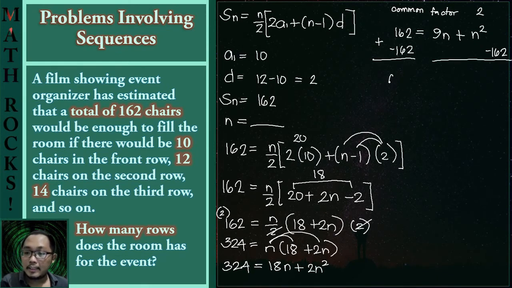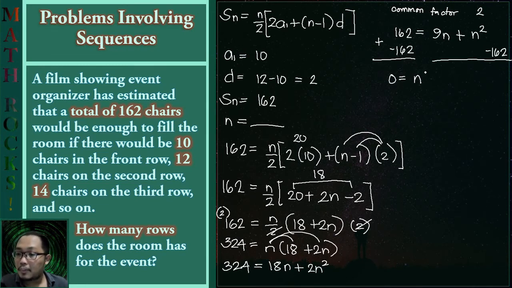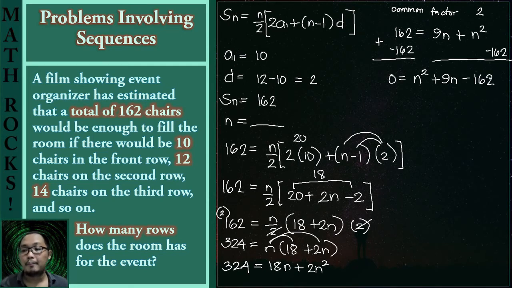So this gives us a 0, while if we would like to write the resulting quadratic equation in the correct order, then we have to start with the quadratic term, which is the n squared. Since we cannot combine any similar terms here, we simply have to write the n squared, followed by the 9n, and lastly the constant term of this quadratic equation.